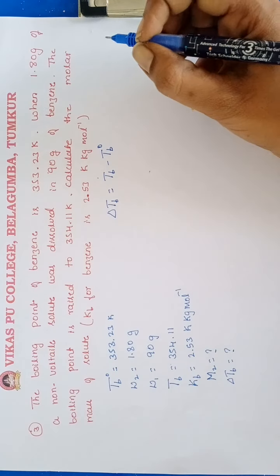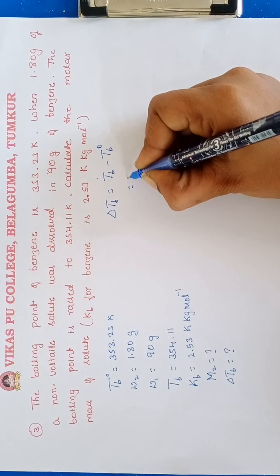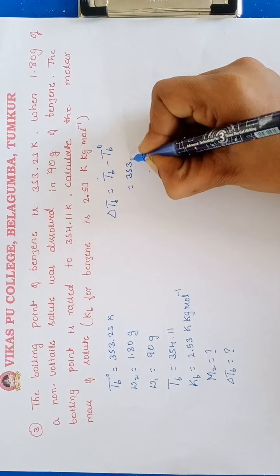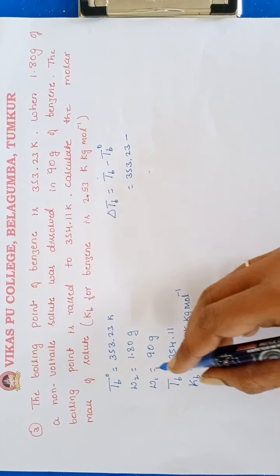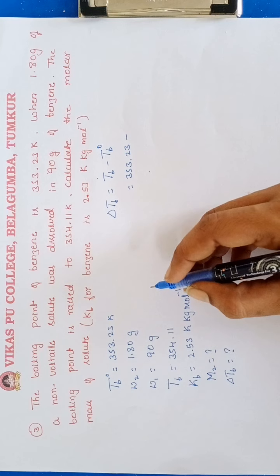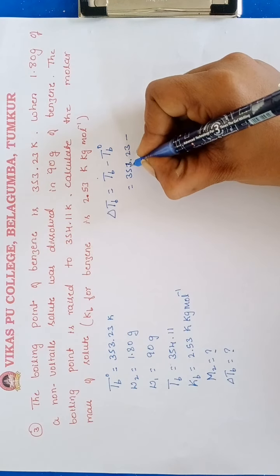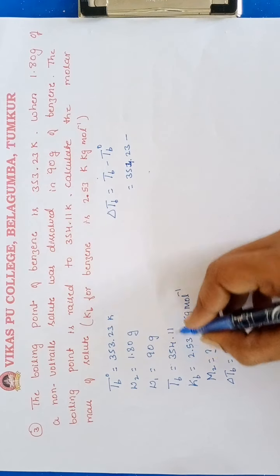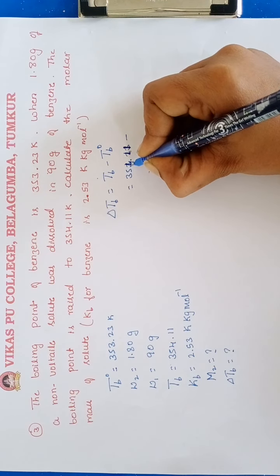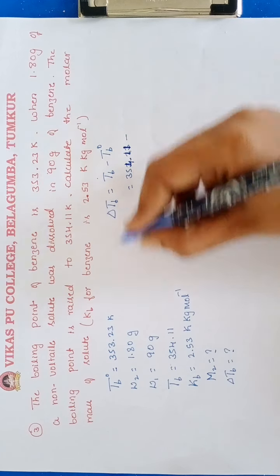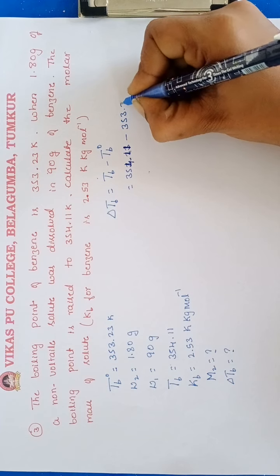TB is given as 354.11, and TB naught is 353.23.